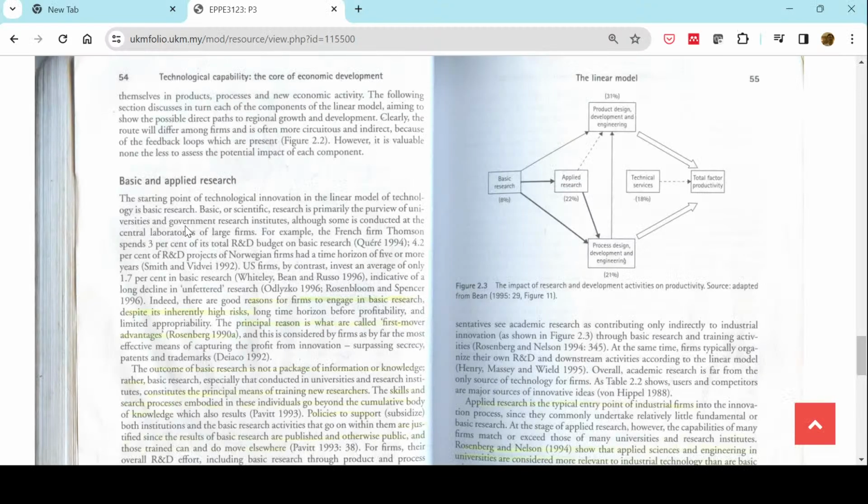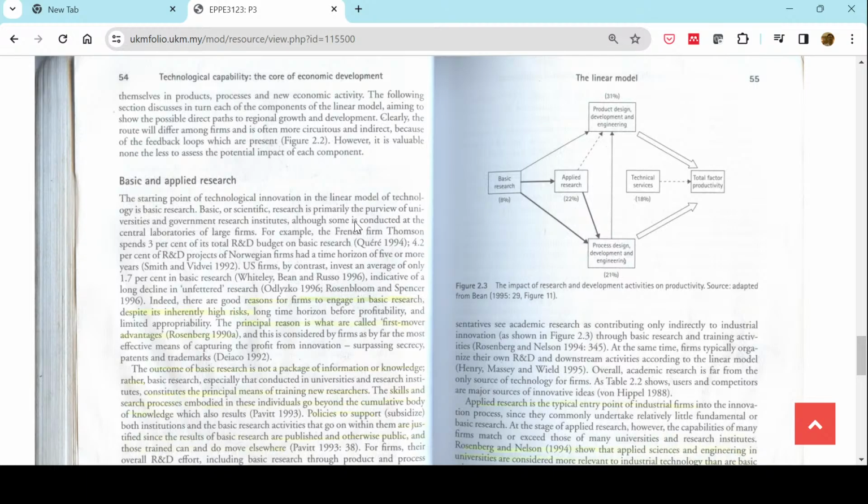So, what I spoke about, basic and applied research. Basic research is usually done by universities and government research institutes. Although some, but that's not the general rule, is conducted at the central lab of large firms, but this is very rare.